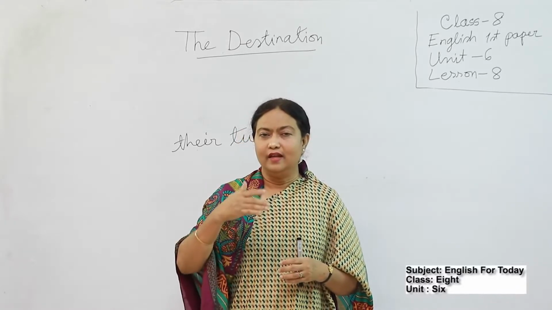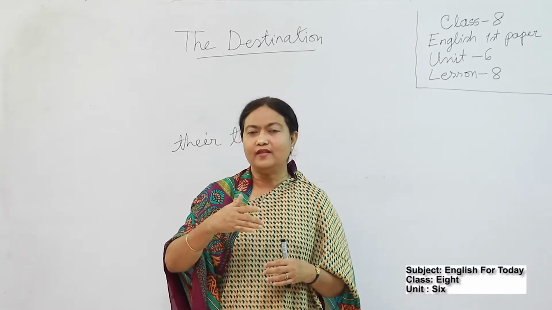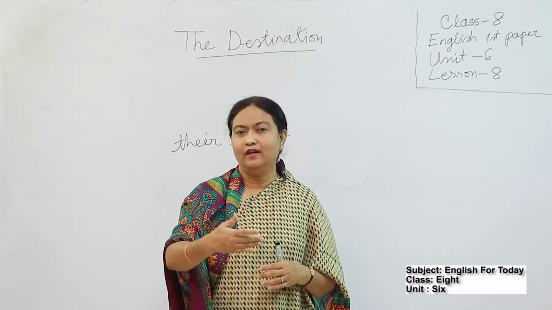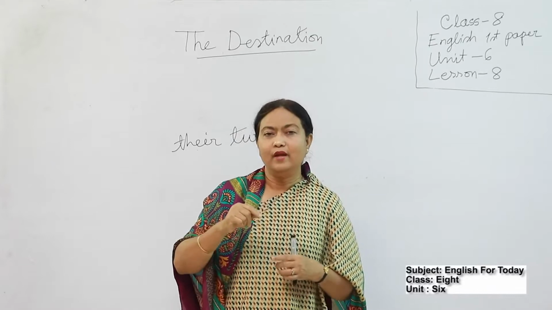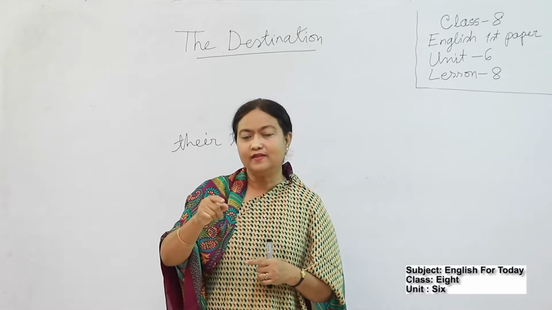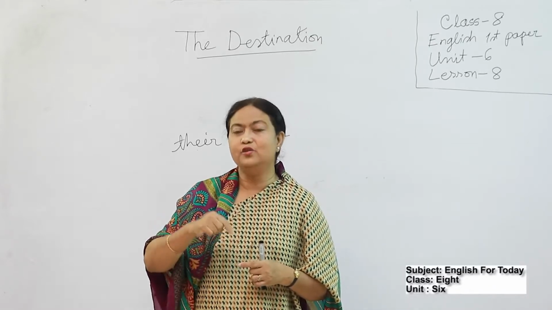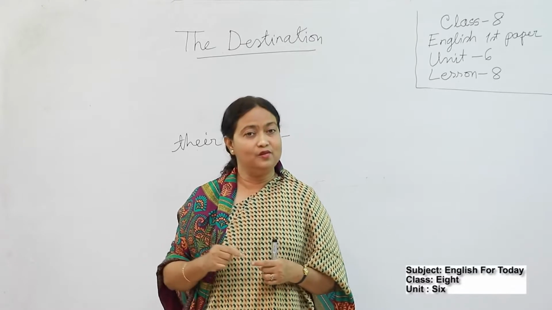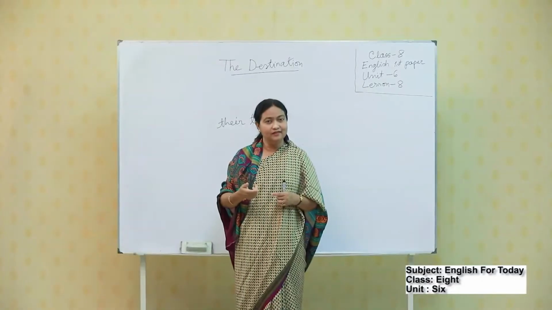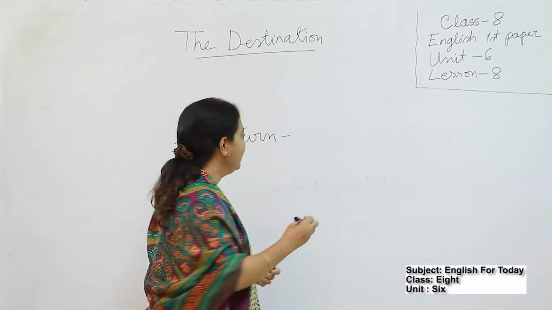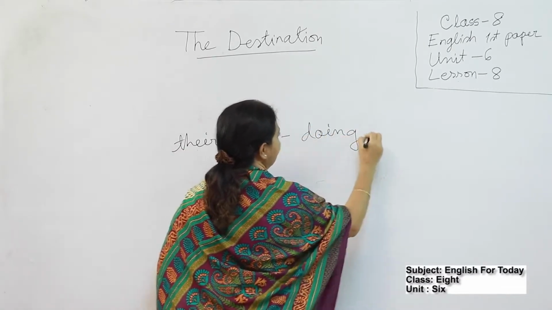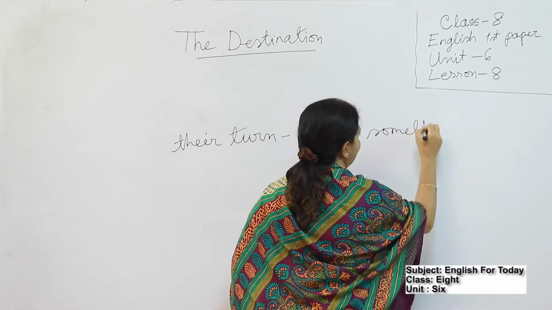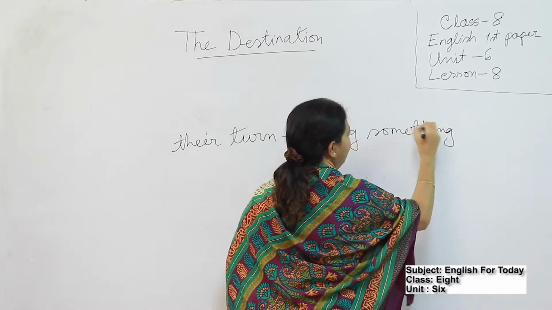And the person who is in front of me, when he will buy the ticket, after him I will go. That means it is my turn to get the ticket. Have you understood? Turn means doing something one by one.